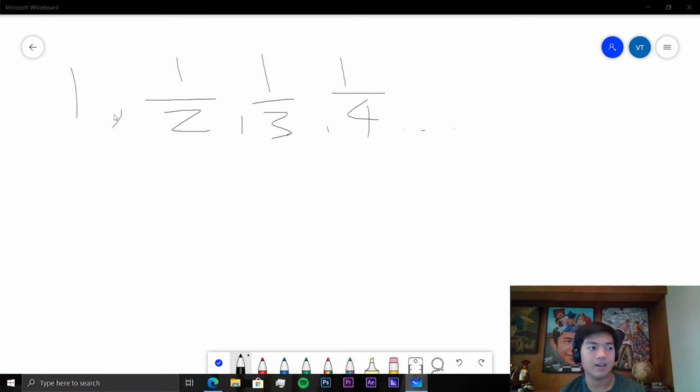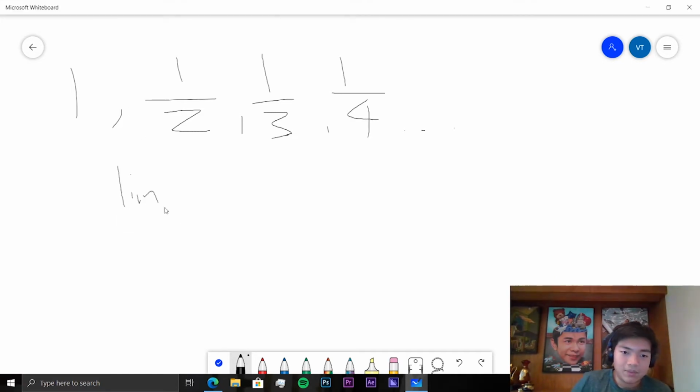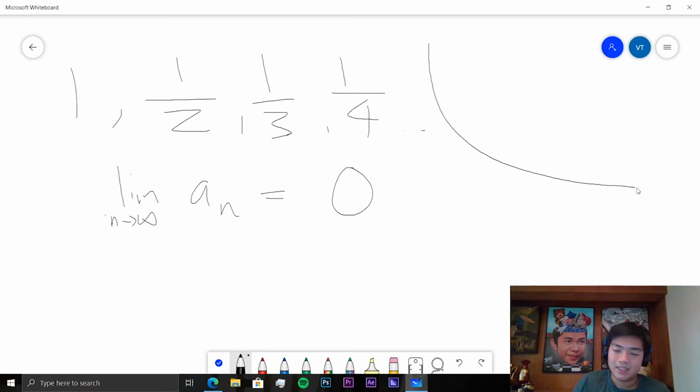The thing is, there's no common ratio between each term, but we can see that if we take the limit as n approaches infinity of a to the n, this would equal 0. The graph of this would simply tend to 0, something like that. So in this case, it would converge because all the values are approaching a number.